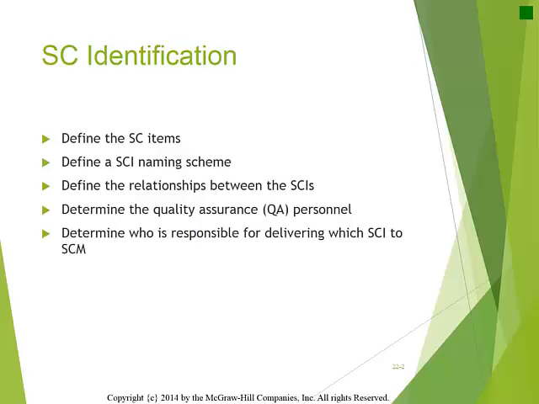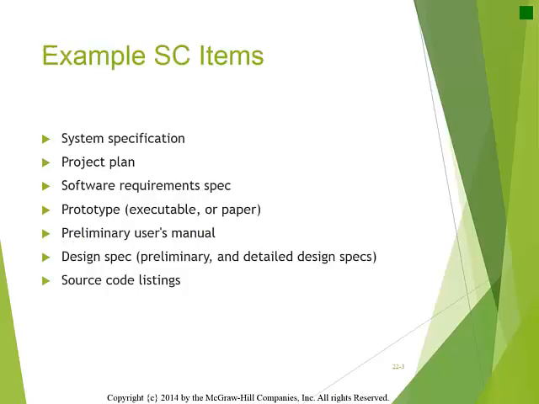SQA personnel responsible for the quality of the CI should be an attribute, and the configuration management personnel responsible for checking in the configuration item should be stated. Configuration items have an associated set of operations. These operations are to add, remove, retrieve, edit, and delete the CIs.